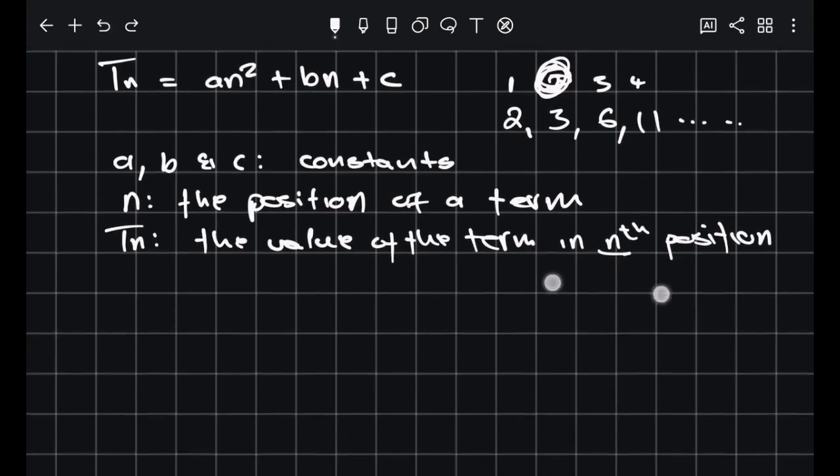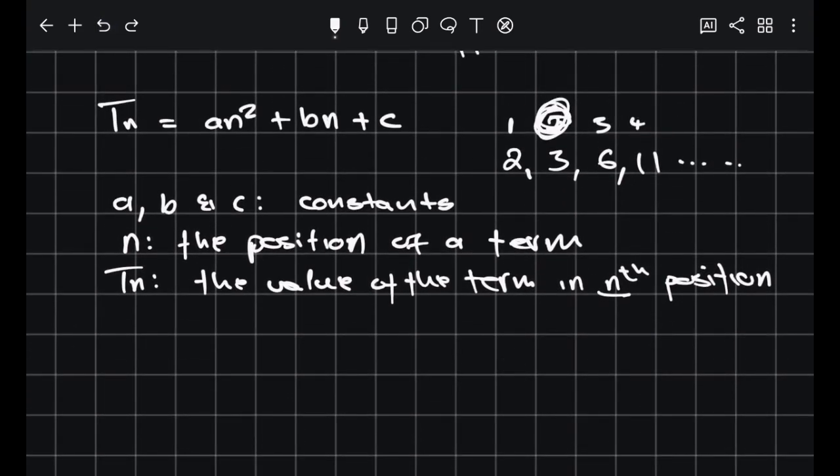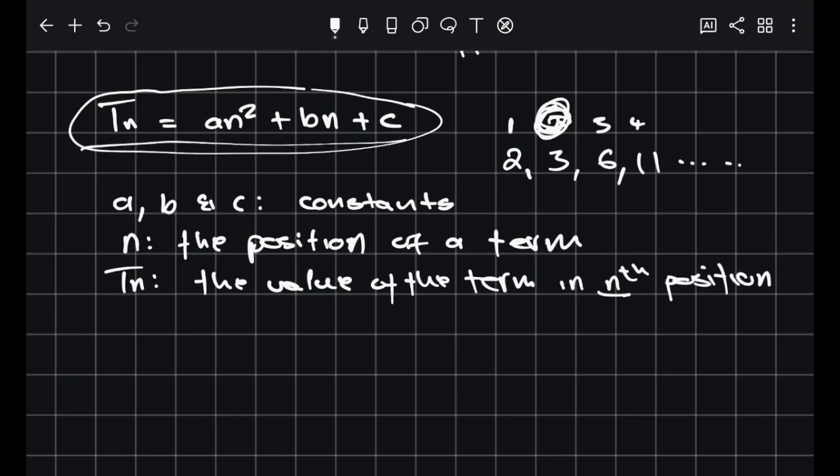Now, we talked about this general term. The question may arise as: determine the nth term. When they refer to the nth term, they are referring to the general term. So whenever they say the nth term, they are referring to this equation here. Always remember that.